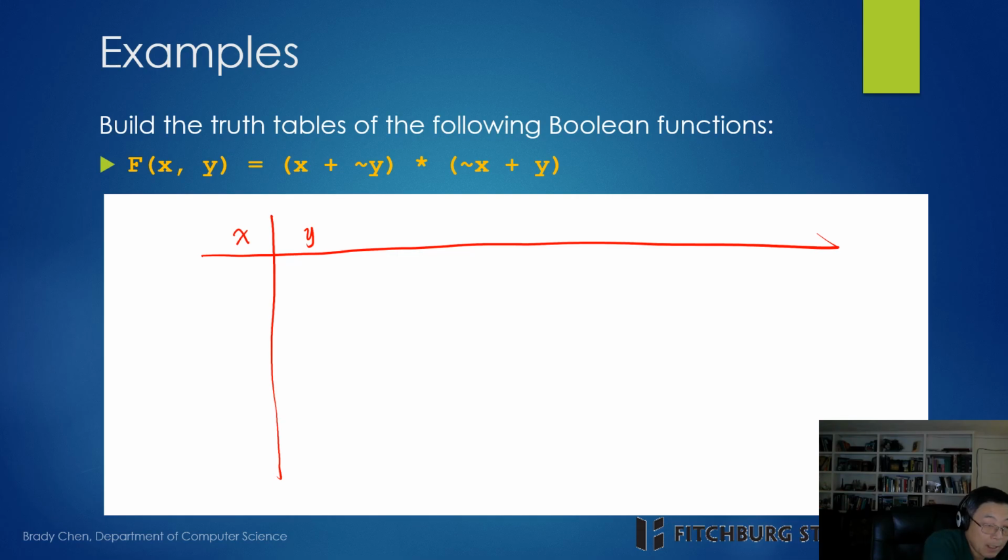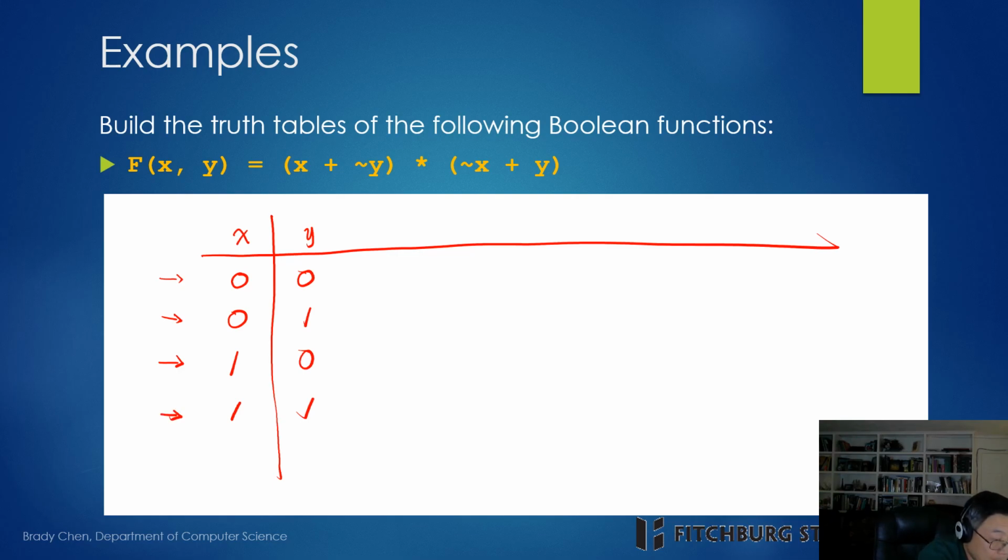Again, I use my general rule that the first pair of values is 0 and 0. The second one is x still 0, y is 1. And x is 1, y is 0. And both x and y are 1. Okay. So this corresponds to 0, this corresponds to 1, this corresponds to 2 in decimal, and this corresponds to 3.